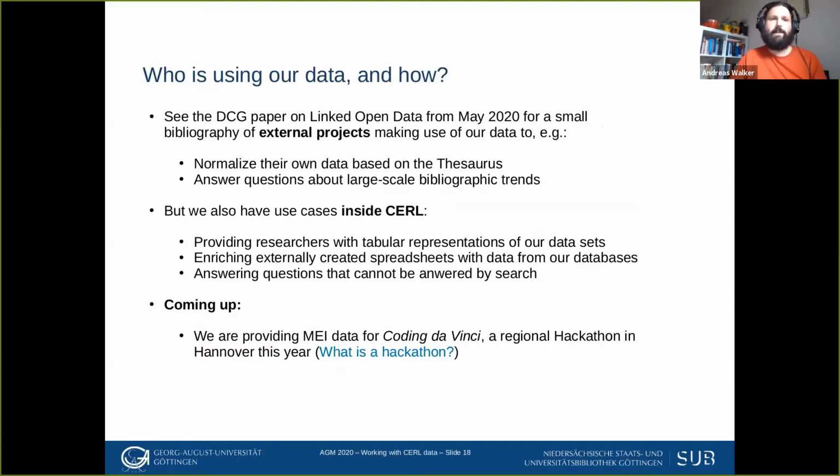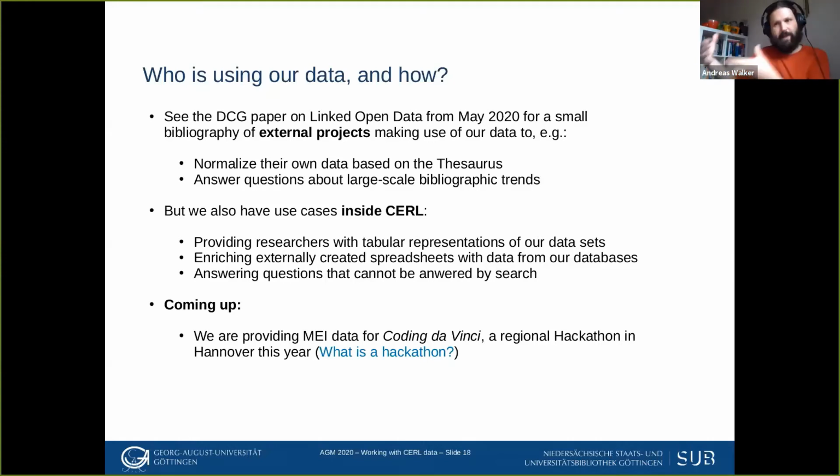That said, one of the questions that we constantly ask ourselves is, who is actually using our data in this way and how? So we know about the people who work on the databases. We have a lot of people contributing materials and editing, and that is really great, and we know about that.